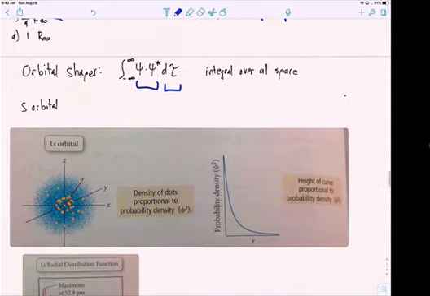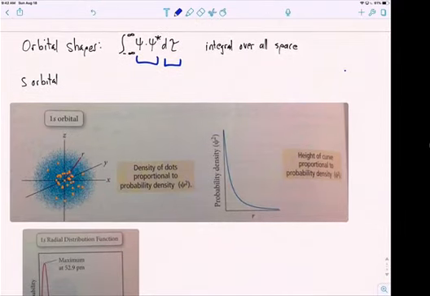Okay, we mentioned the orbital shapes. We have the integral from negative infinity to infinity of the wave function times its complex conjugate over all space. And if we do that, we start with the 1s orbital, we get a sphere.